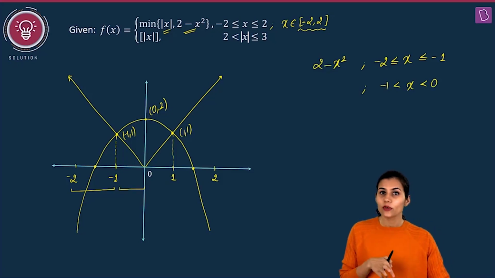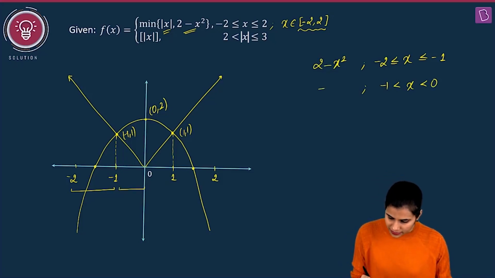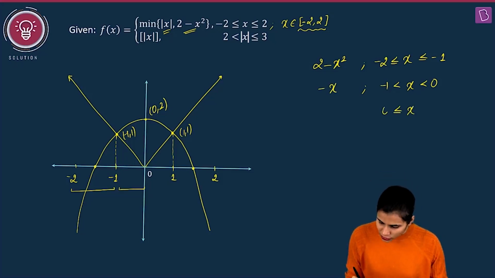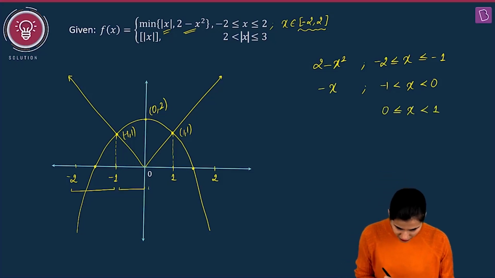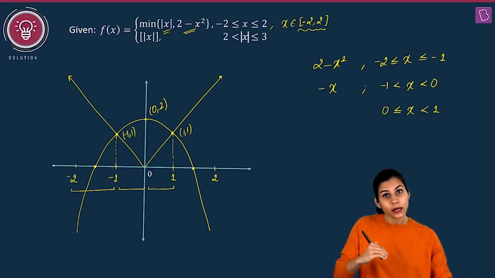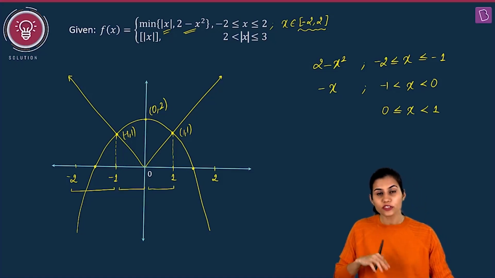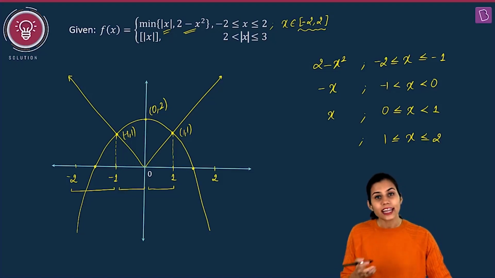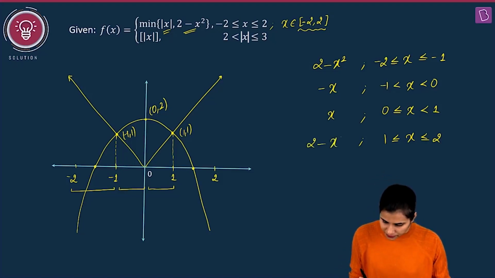But mod x, when x is negative, is -x. When x is greater than equal to 0, less than 1, the lower is again mod x, but mod x when x is positive is x. And when x is sandwiched between 1 and 2, then the lower graph is again 2 minus x square.